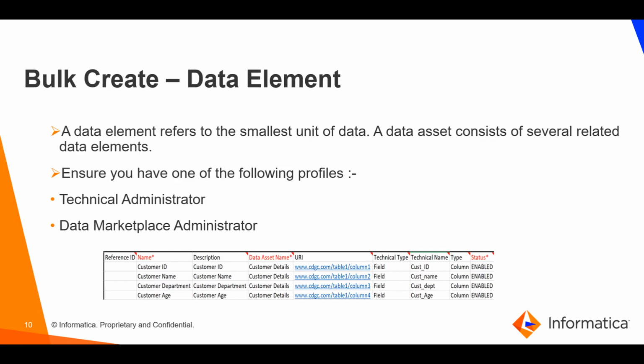Next, the data asset name. This is the name of the data asset to which we want to add the data element. It will help data users to know the data asset to which the data element is associated with. Next, the technical name. It is the name of the data element as it appears in the data source. Next, the technical type. This is the type of the data element as defined in the data source.